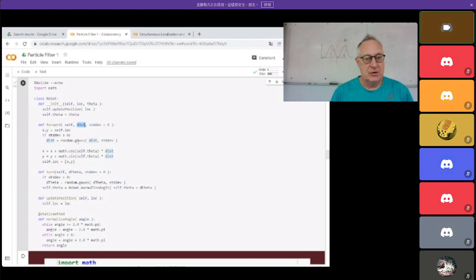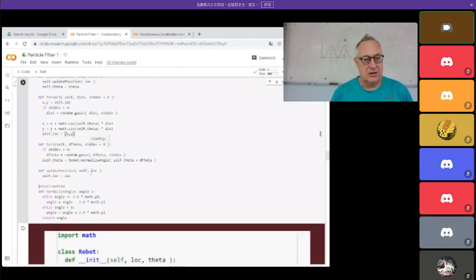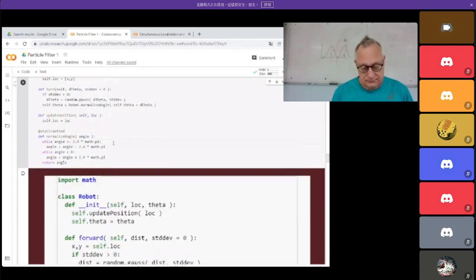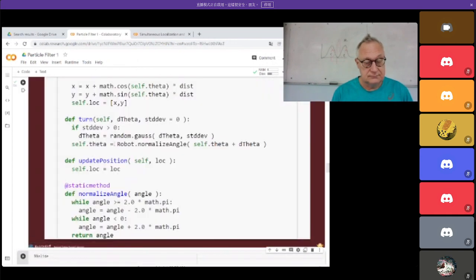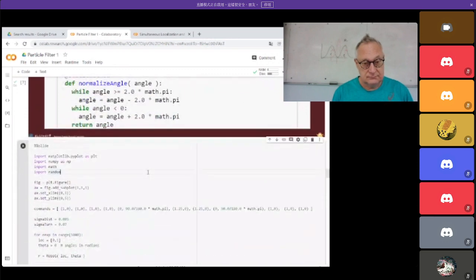We add some Gaussian noise to the distance that we travel, and a turn, which is also distorted by Gaussian noise. So then here I send some commands to the robot.